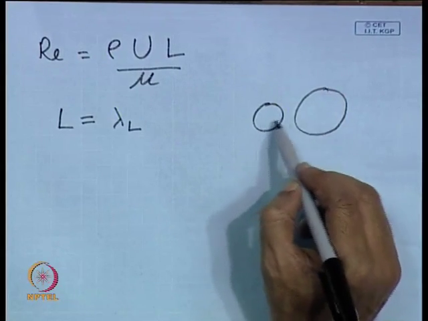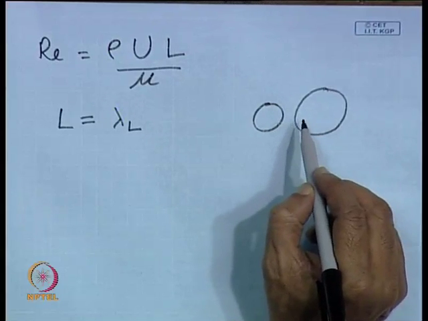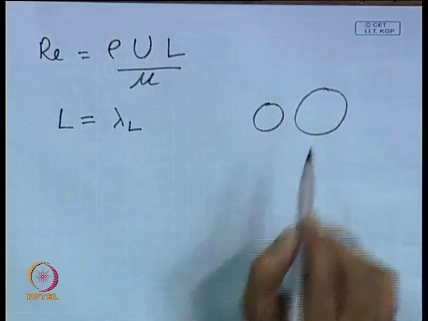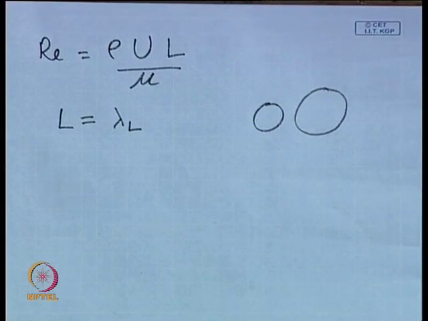It is very difficult to get a direct correlation between the boiling heat transfer and the diameter, or if we take some other dimension of the physical system, it is difficult to get a good correlation between boiling heat transfer and the physical dimension.